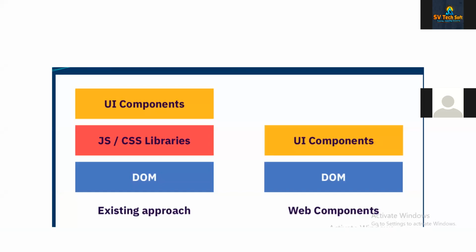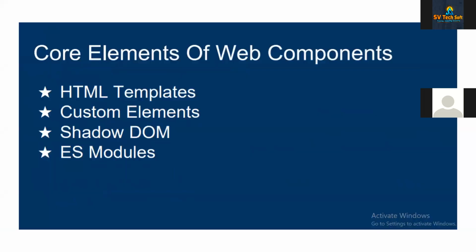Now this slide talks about the existing approach where we deal with UI components, JavaScript and CSS libraries and DOM. But here we have just UI components and the document object model. Then what are the core elements of web components?